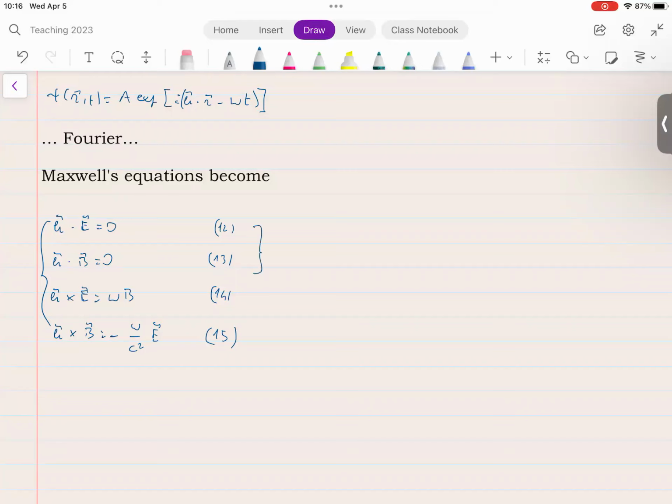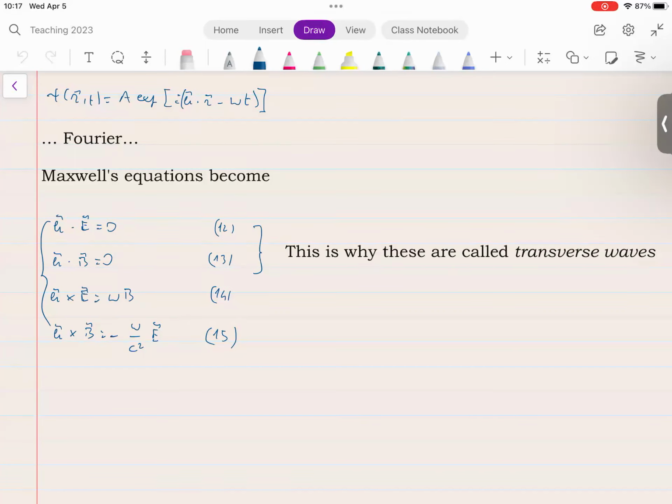And that is the reason why these waves are called transverse waves. So that was pretty much all I really wanted to say about this part.